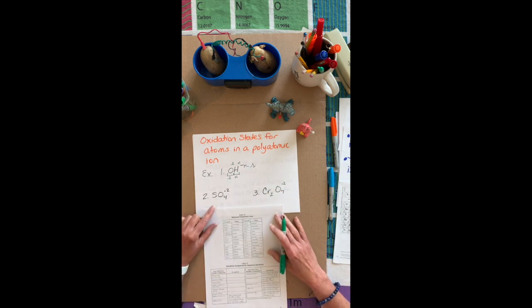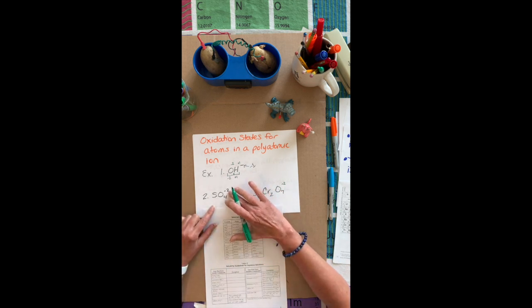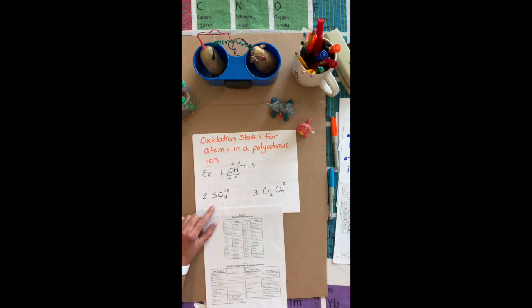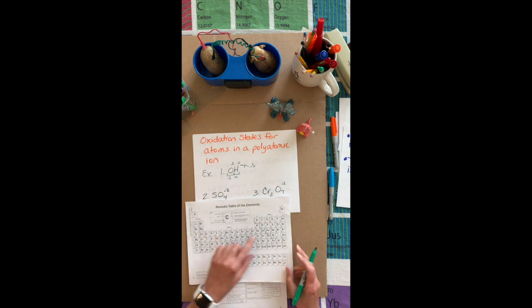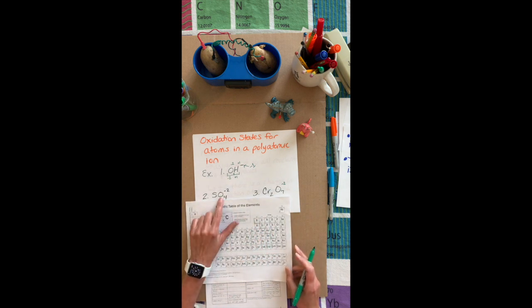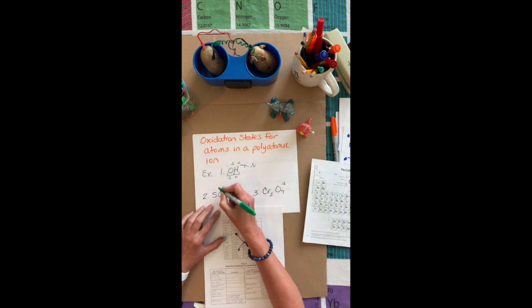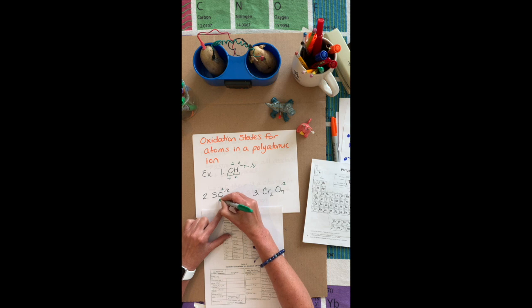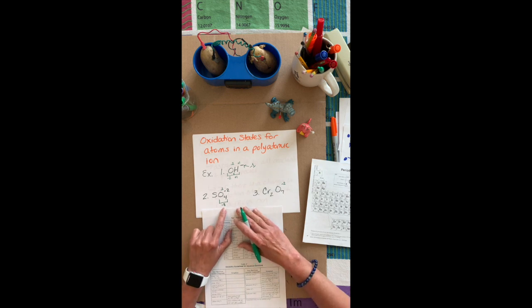Let's look at the sulfate ion. We want an overall -2 charge. How are we going to do that? When we look at sulfur, there's 3 possible oxidation states. So I'm going to start with oxygen. Oxygen is a -2. I have 4 oxygens at a -2. That gives me an overall -8 charge.